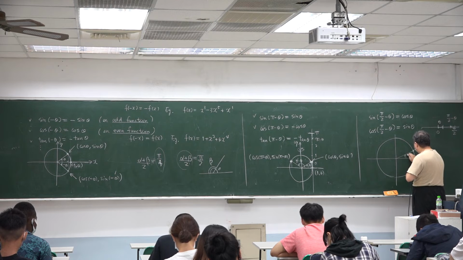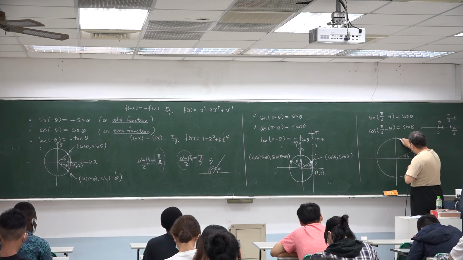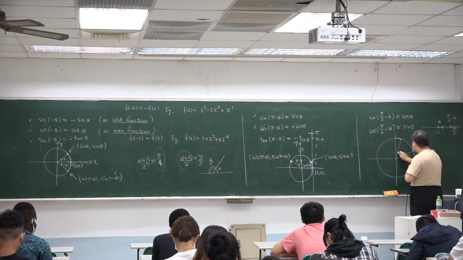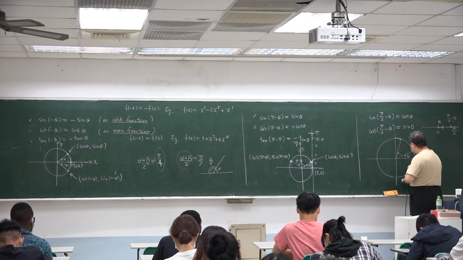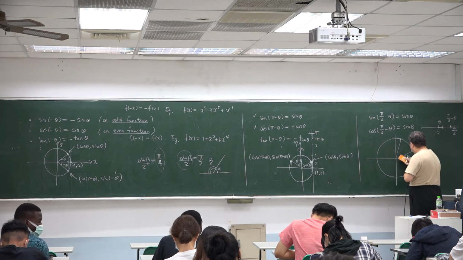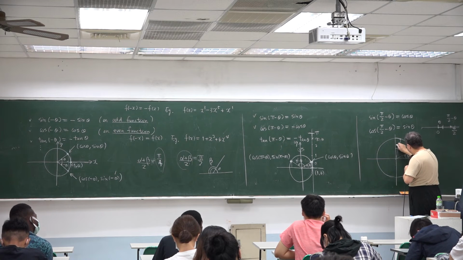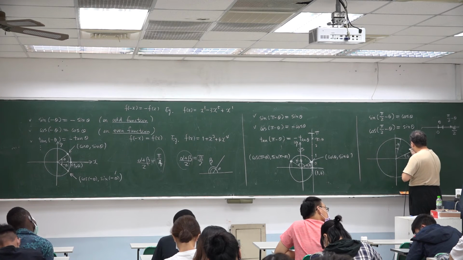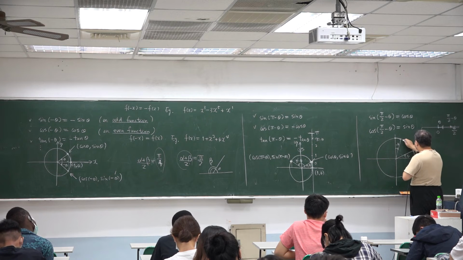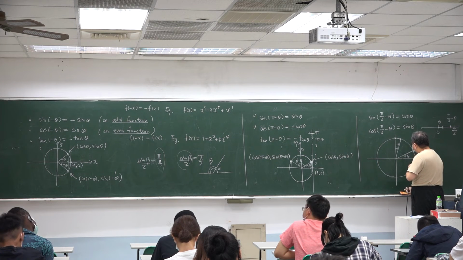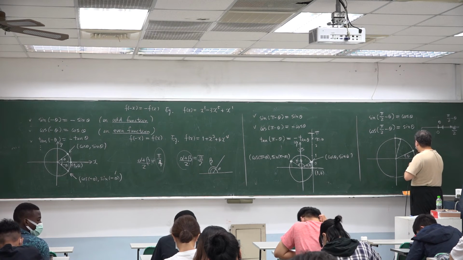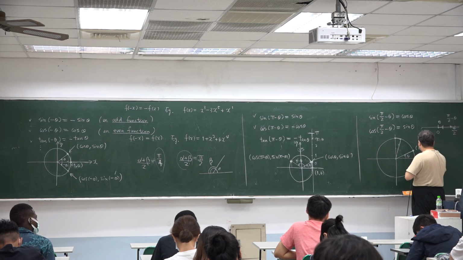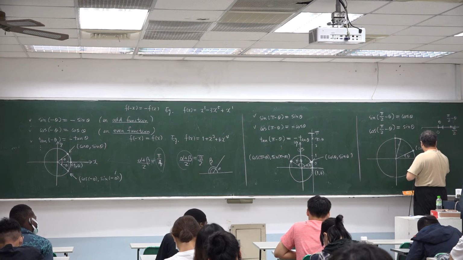If this is theta, then this is half pi minus theta. The coordinates of this point can be expressed in terms of theta.